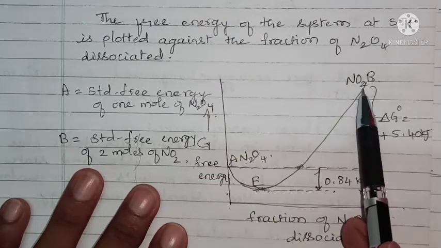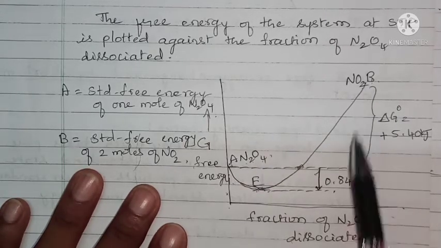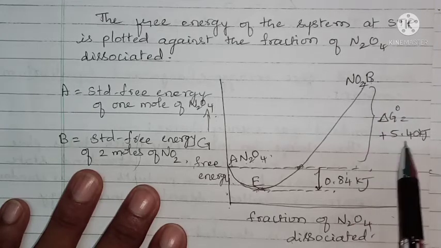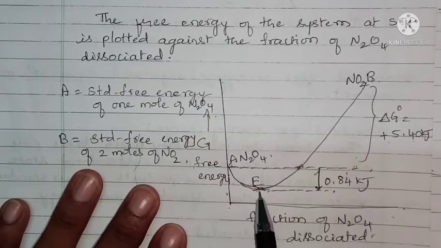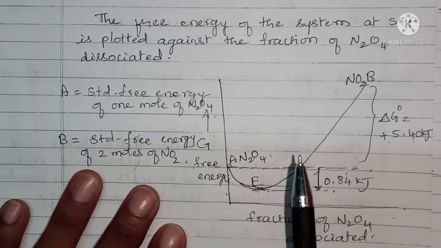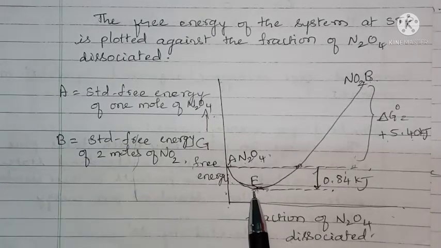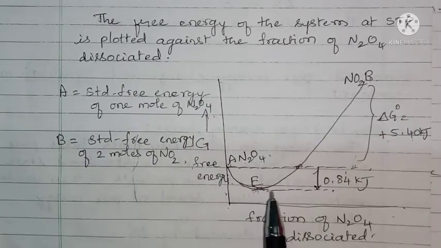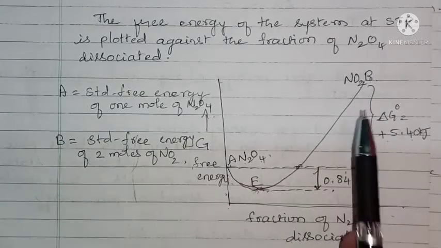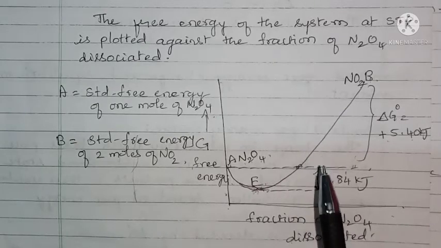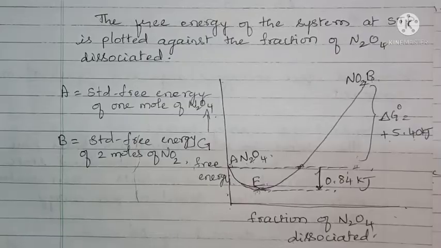Delta G naught value of the product minus delta G naught value of the reactant, the difference is about 5.4 kilojoules. But the equilibrium value is lower than that, which means at equilibrium the delta G value is very negative compared to N2O4 as well as NO2. So the reaction is possible in both directions. Okay, I think you understood this.